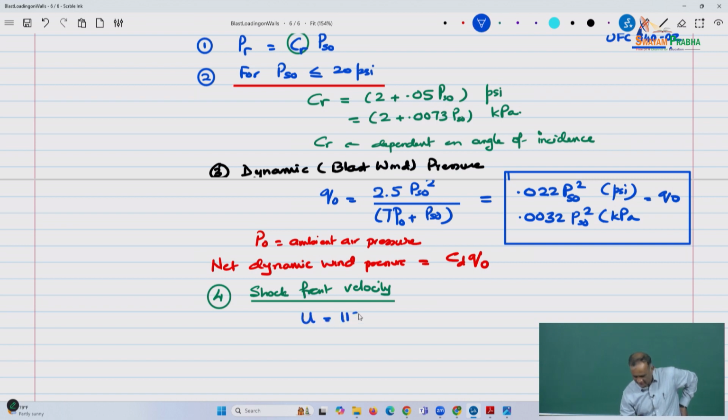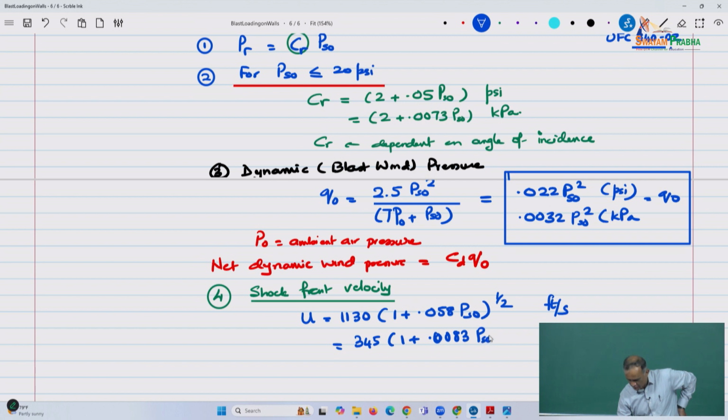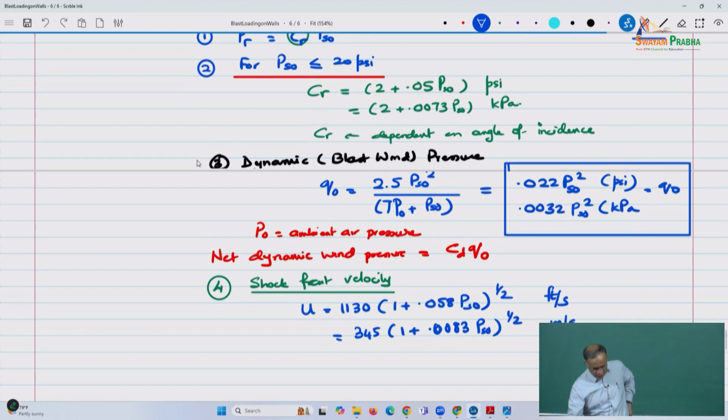So U is 1130 multiplied by 1 plus 0.058 PSO to the power half, giving feet per second, or 345 times 1 plus 0.0083 PSO to the power half in meters per second. Here we assume that the pressure wave travels at the same speed as the shock wave.